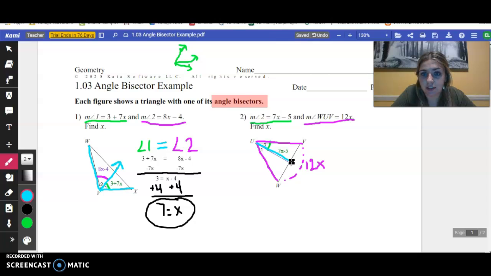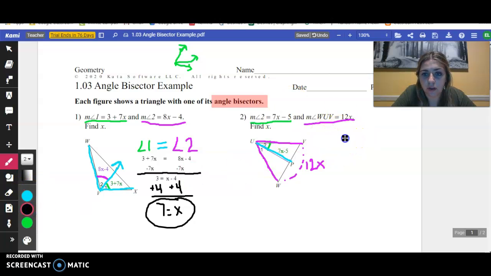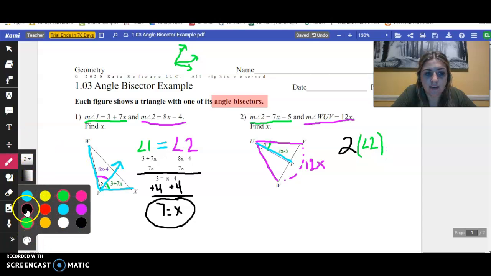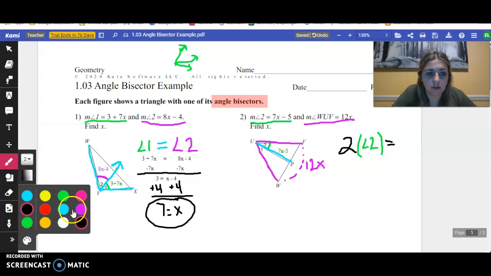That bisector split the purple angle in half, and so I can double one of the little green ones and get the purple. So I know if I take 2 times the measure of angle 2, that will equal 12x.